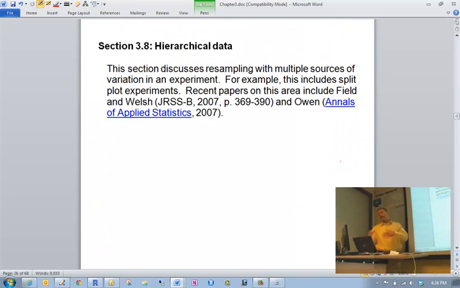And last, hierarchical data. A lot of you have experience with this kind of setting where you have multiple sources of variation in an experiment. A classic example is the split plot experiment. So if you're interested in this, here are some recent papers on that area.